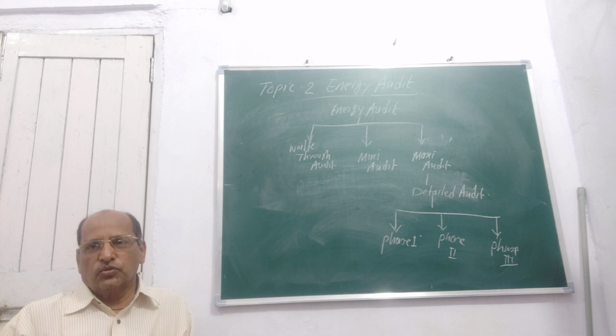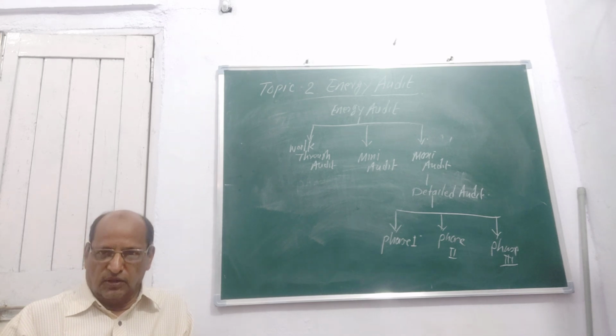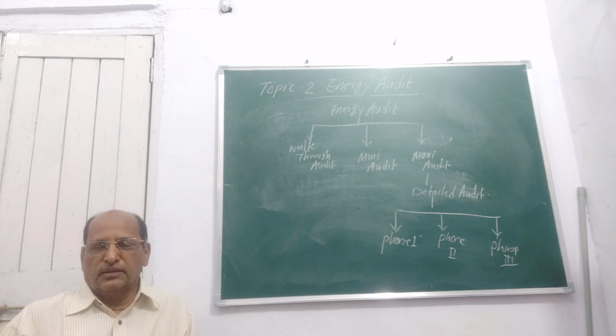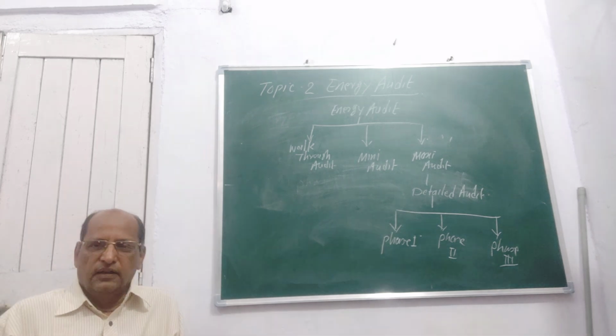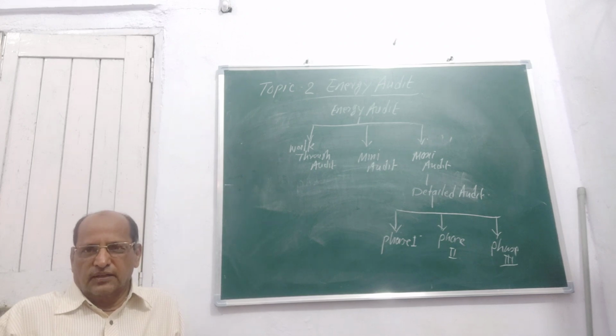In this you also have to go for an audit of the lighting scheme. In the industry there are certain lighting arrangements in the yard as well as in the factory shed, in the workplace or the workshop. So you have to list out all the lighting loads or fixtures provided in the industry.